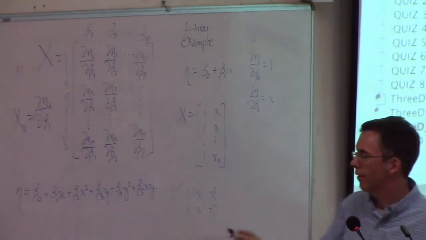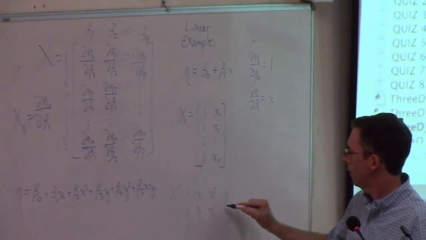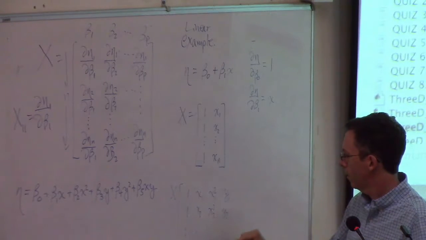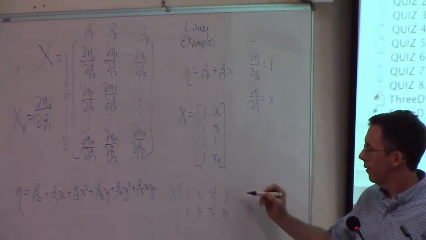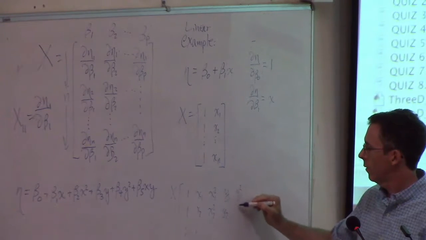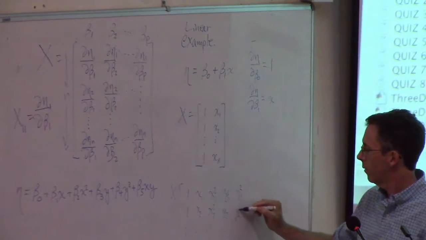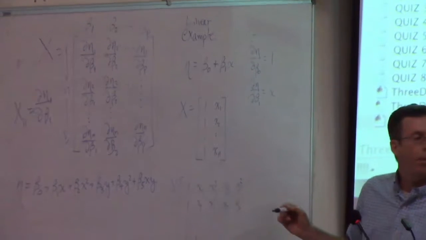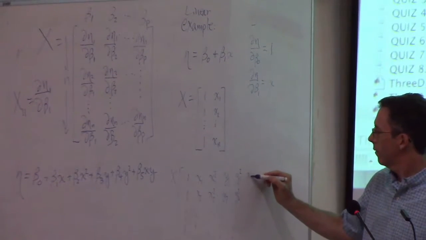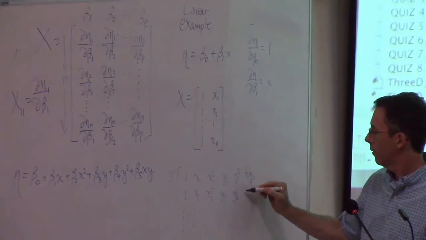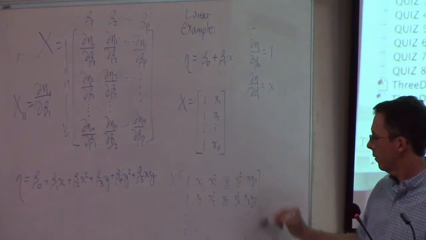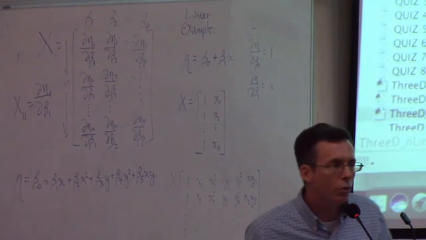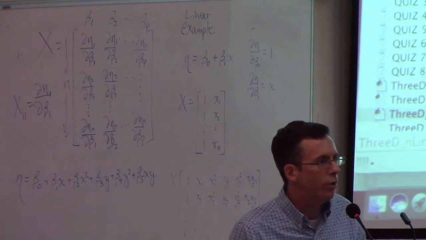Beta 3. Beta 4. Beta 5. So those are the derivatives, right? It's just a derivative.